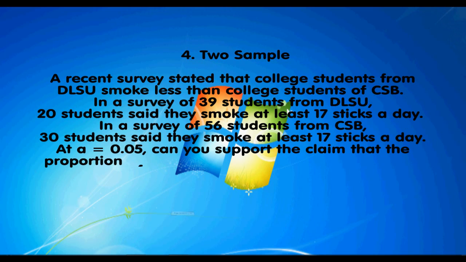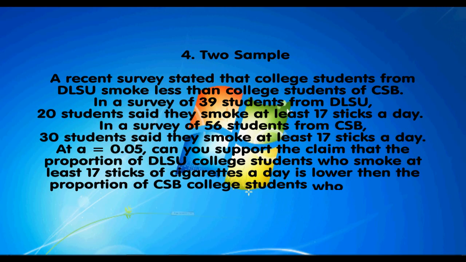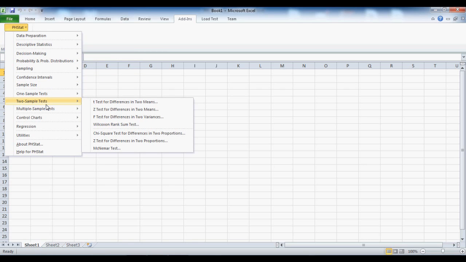At alpha equals 0.05, can you support the claim that the proportion of DLSU college students who smoke at least 17 sticks of cigarettes a day is lower than the proportion of CSB college students who smoke at least 17 sticks a day? So proceeding to the PHStat program, from the list, click the two sample test and after that, click the Z-test for differences in two proportions.